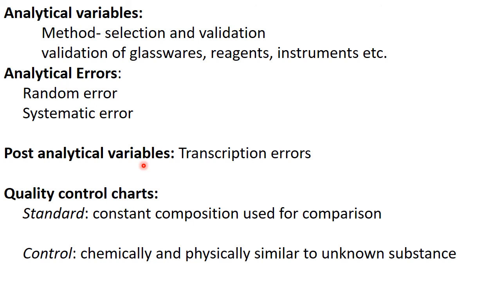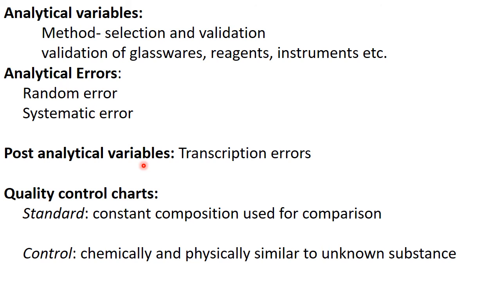Sorry, I forgot to say about transcription. What do you mean by transcription error? Transcription error is nothing but mistake made when a person is performing data entry from one form of recorded documentation to another. That is transcription error.